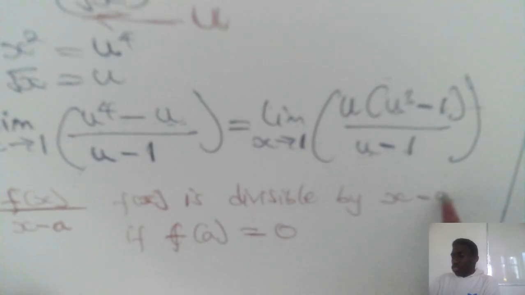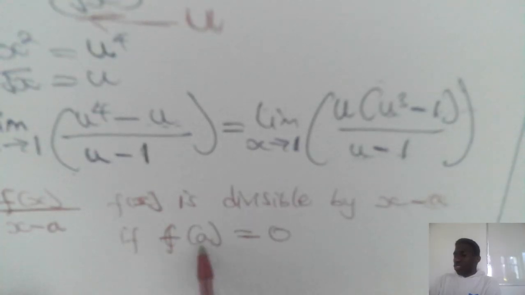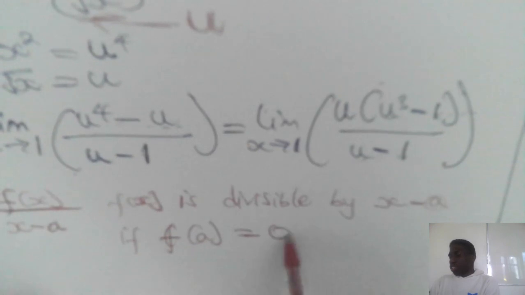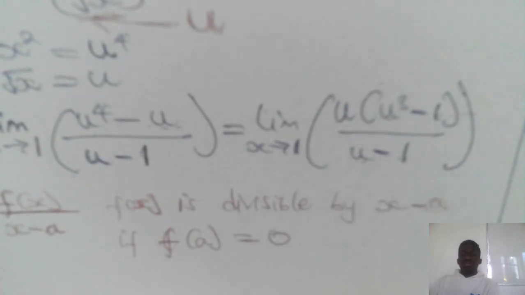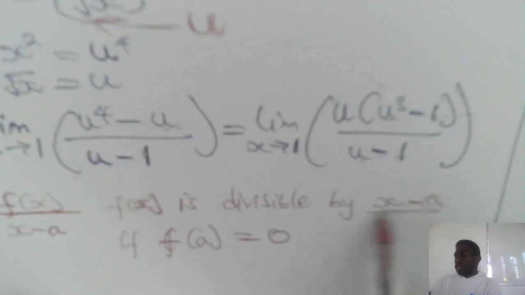That means that the number you have here, without the minus sign, now take note, you just put it into the function. So you substitute it into the function. And if you get 0, it means that your function is divisible by a function of this form x minus a.